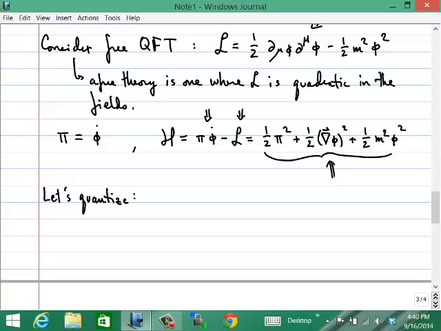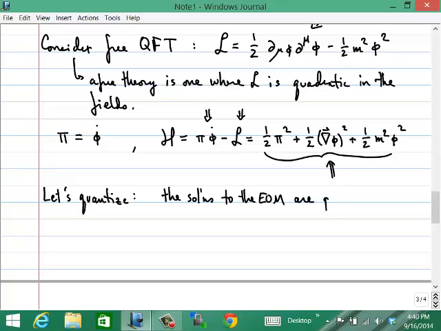So the first thing that I want to do is, instead of working in terms of phi being dependent on x and t, I want to work in terms of the Fourier transform variables. Why do I want to do that? Well, it's because the solutions to the equations of motion have a very simple form in Fourier space.